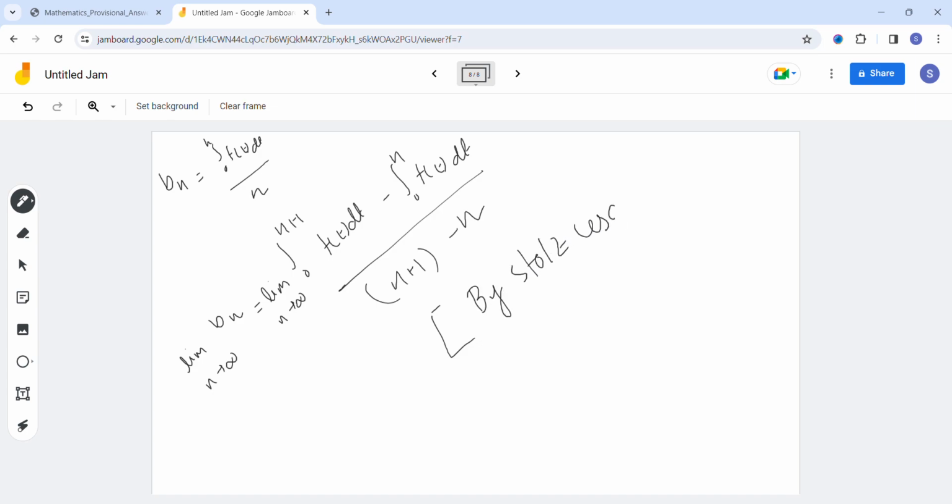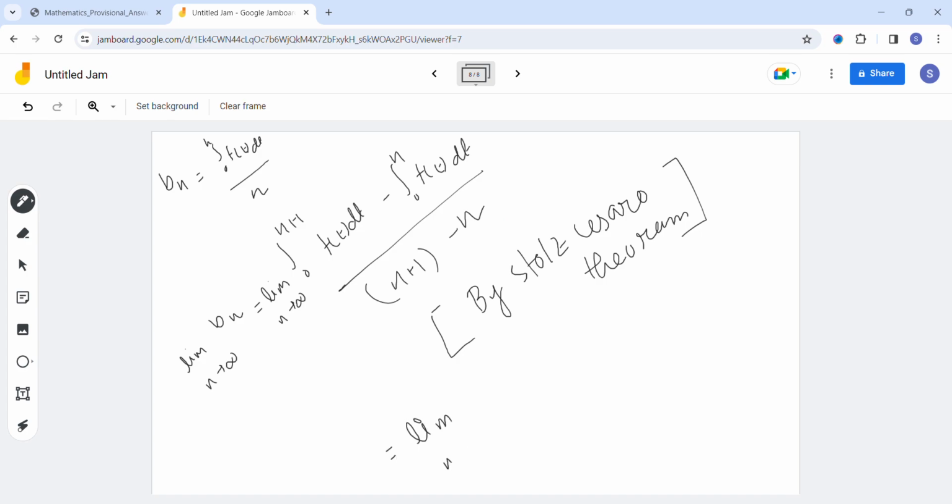I am not going to state the exact statement of this theorem, but I think everyone knows it because it is a very important theorem. So if you know the Stolz-Cesaro theorem, you can apply it. You should know the condition under which you can use it; the role of n in the denominator is very important to apply this theorem. So then what will you have?